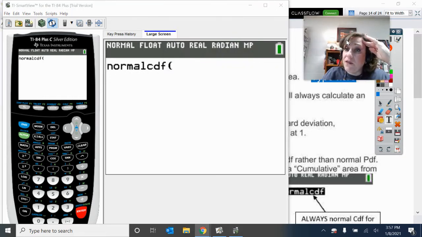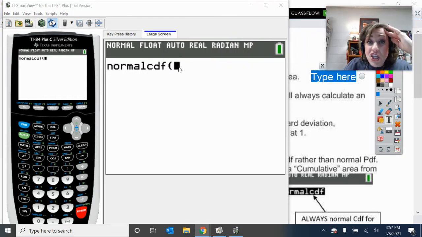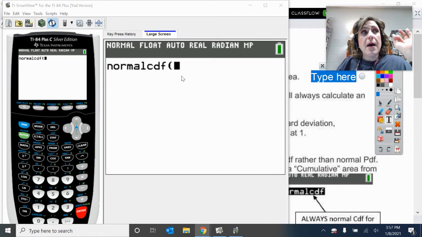Now, if you have an older operating system, then you have a menu that shows up. Many of you may not, and the Graphing Calc 83 also does not have the Stats Wizard menu that shows up. So that's why I'm showing you this way first.